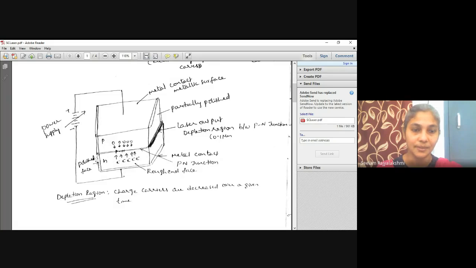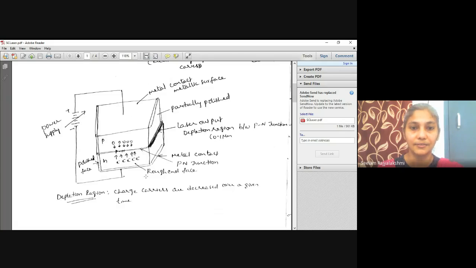The laser output is obtained from the depletion region between the PN junction diode, a very thin layer of about 0.1 micrometers. Here we give power supply to the metal contacts, with a positive and a negative terminal of the battery.